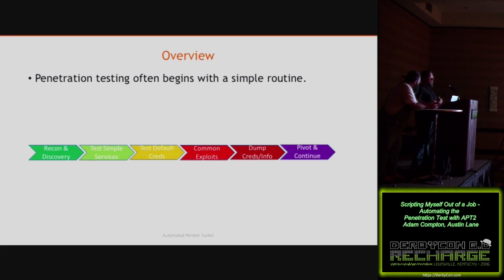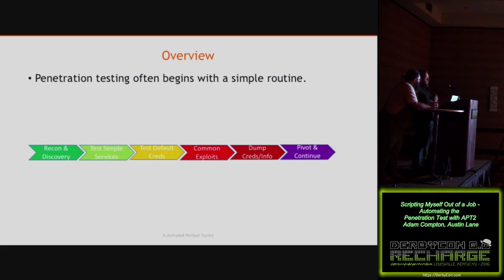Default creds, running lists, going through appliances that have admin or something like that. You move to common exploits, like MS08-067, that get you access to a machine. Once you have access, you start dumping creds and info, using Mimikatz or something like that, and then use that as a pivot to get further access into the network.